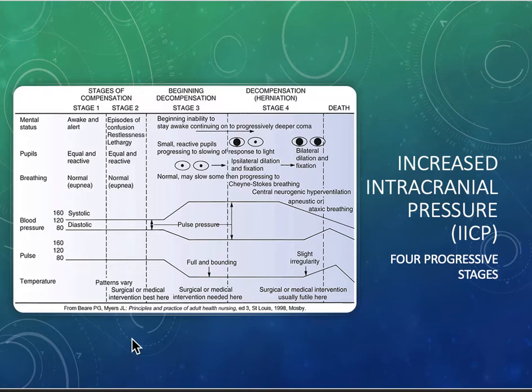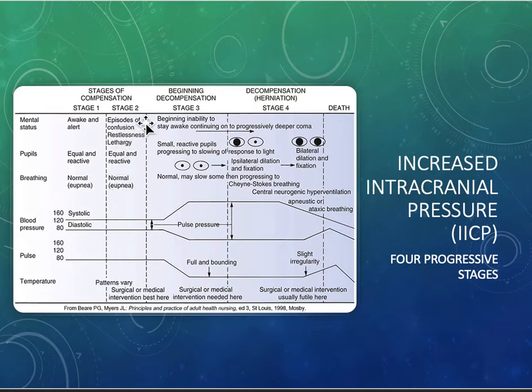Stage 2 here, the first indication that we might have some increased ICP would be restlessness or some changes in LOC, okay? Maybe your patient's getting a little sleepy. Maybe they're starting to get confused. Everything else is normal, okay?